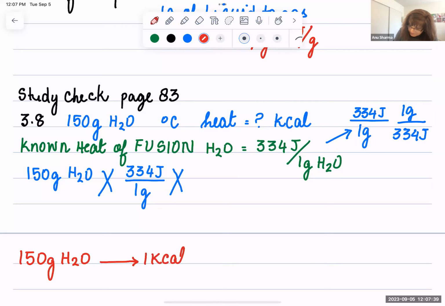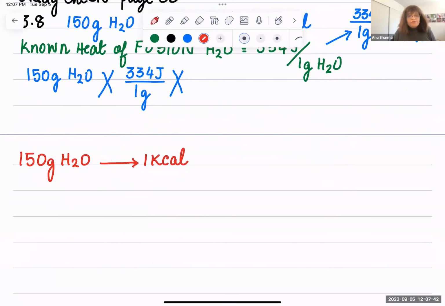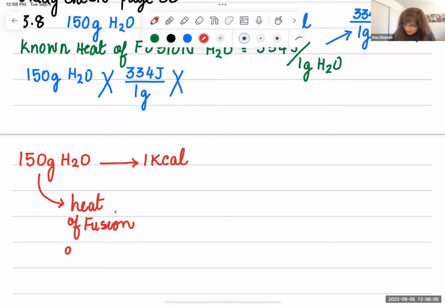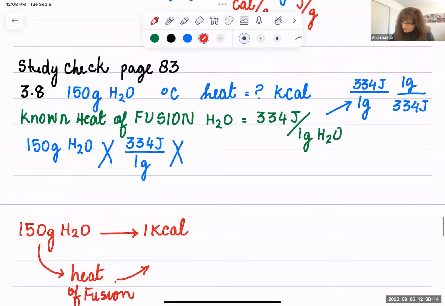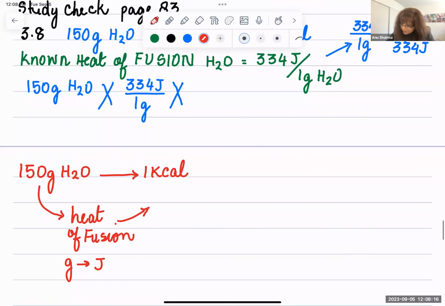Remember, there's no direct conversion from grams to kilocalories. So we first convert grams to joules, because the heat of fusion becomes our conversion factor, and then these joules have to be converted to calories.